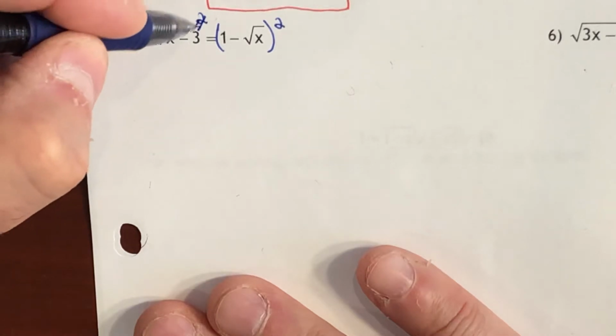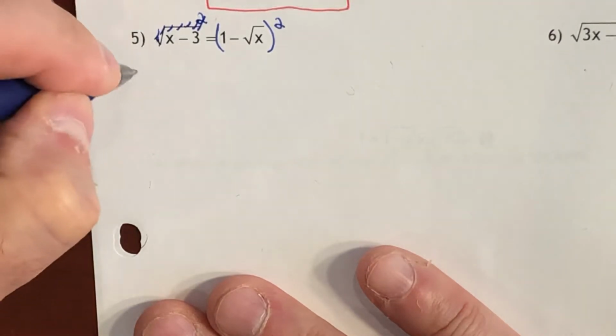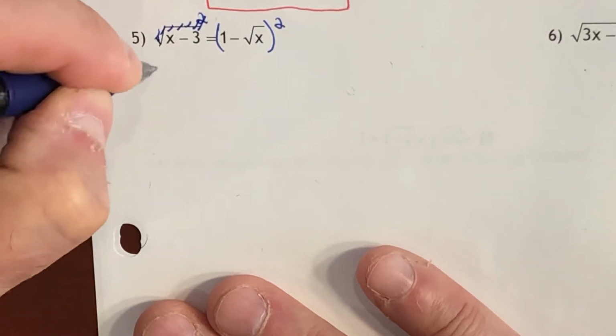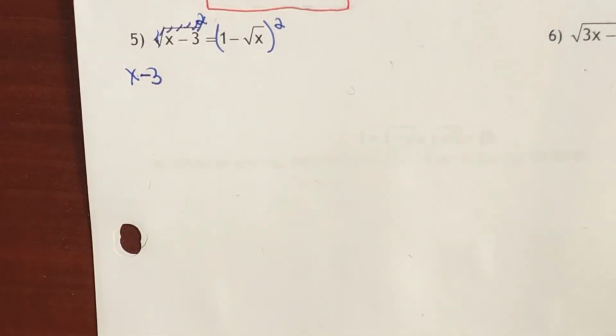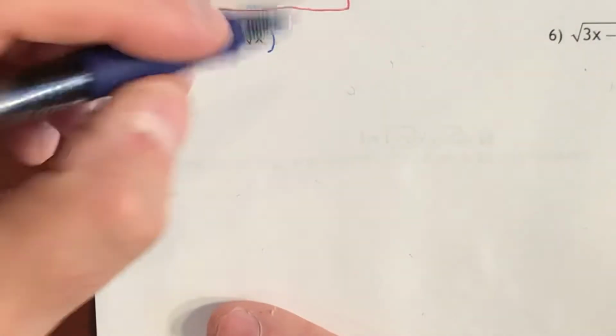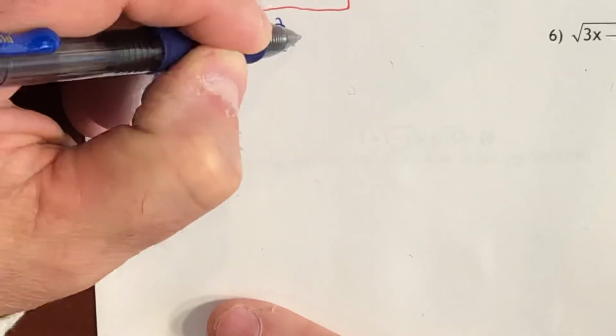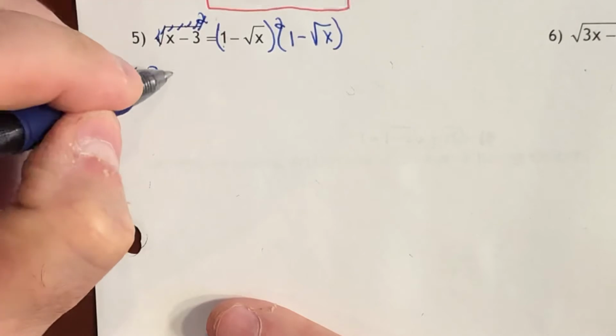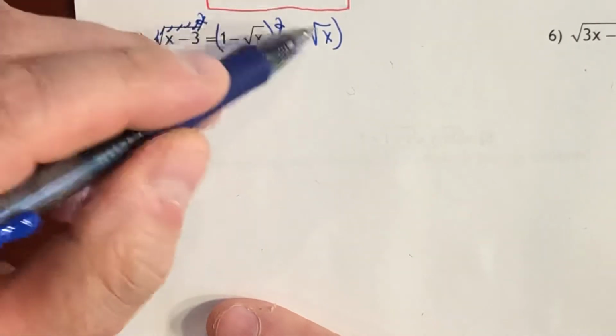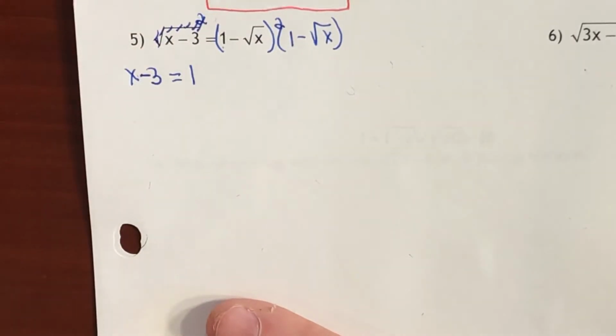So the left side, the square undoes the square root, so you're simply left with x minus 3 on the left. But now on the right-hand side, that's a binomial squared. So that means you have 2 of those, 1 minus square root of x. So 1 times 1 is 1. 1 times the square root of x is the square root of x.